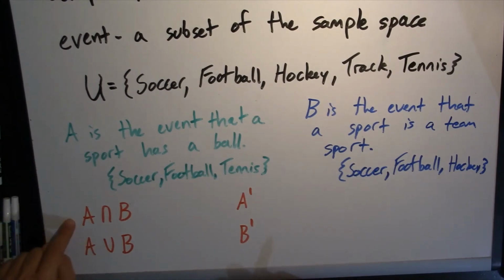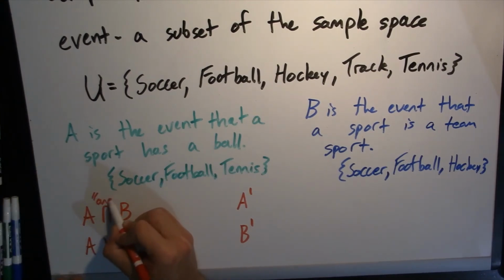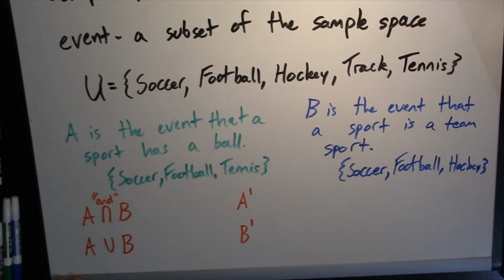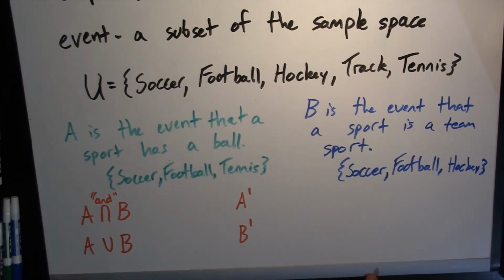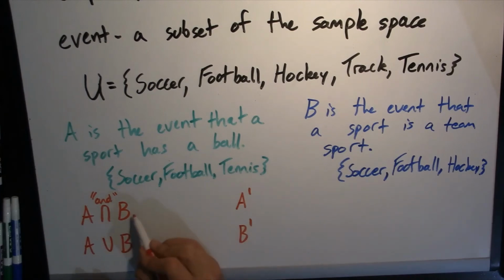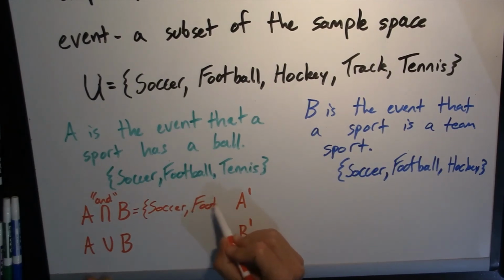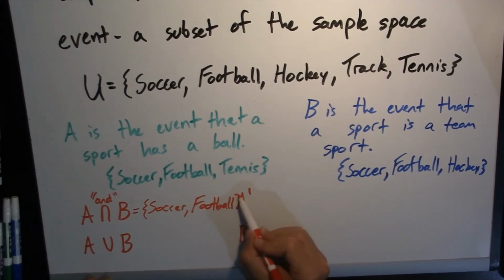So intersection is the ones that they have in common. It's elements that are in A and B. So which sports show up in A and also in B? Well, soccer and football are the only ones. So we have soccer and football.